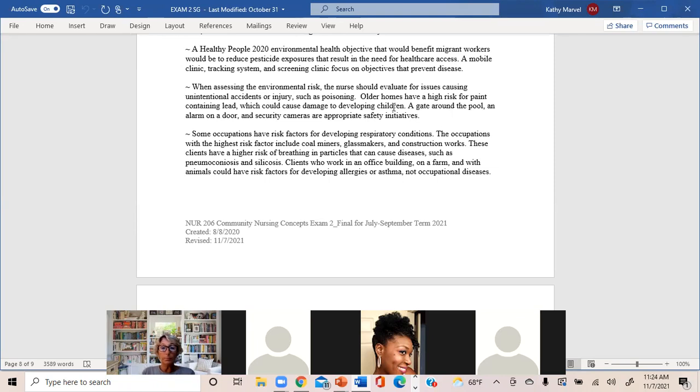Another priority question, like a priority intervention question, teaching questions, select all that apply. You go to do an environmental risk assessment in the home. Which of the following would be of concern that you need to talk to parents about? You know, maybe no gate around the pool, no alarm on the door, right?